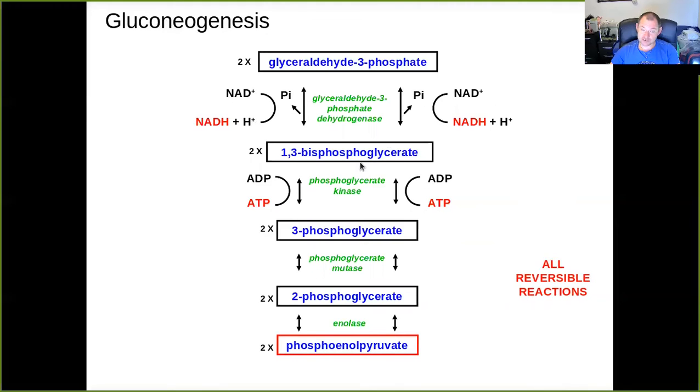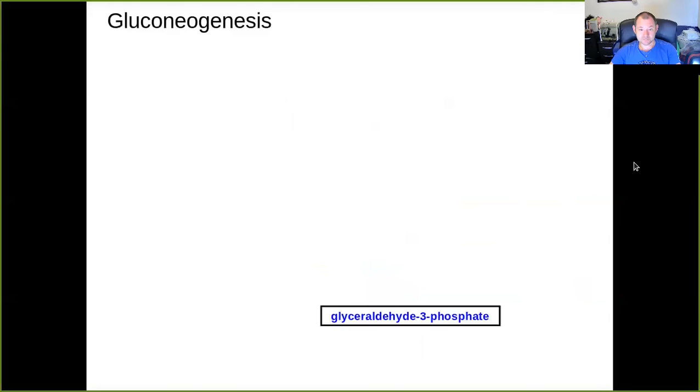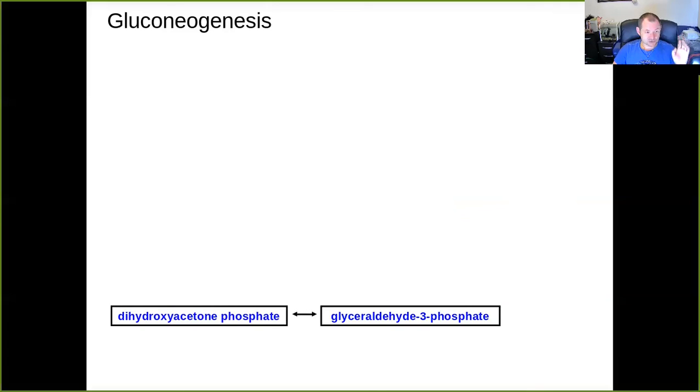The bisphosphate is losing one of its phosphates, then another, so now we're losing phosphates, going to glyceraldehyde, free phosphate. This reaction can move both ways.